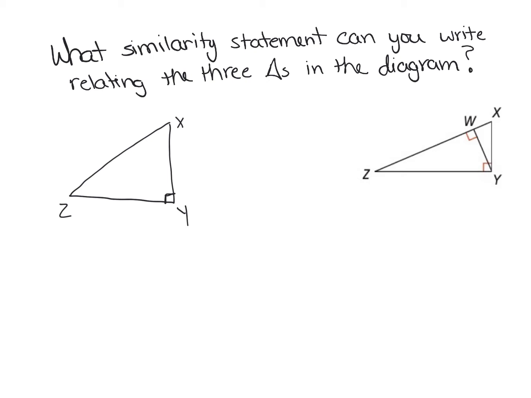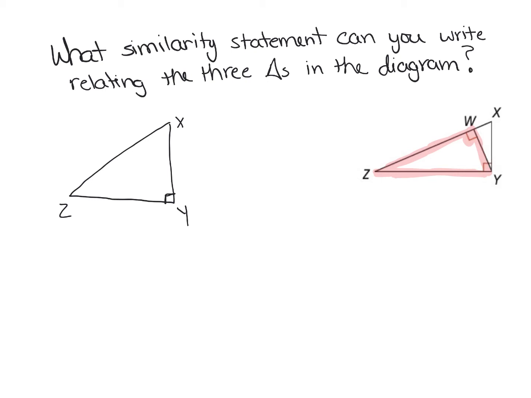Then we have another triangle, WYZ, made with the altitude, and your 90-degree angle would be down here where W is.